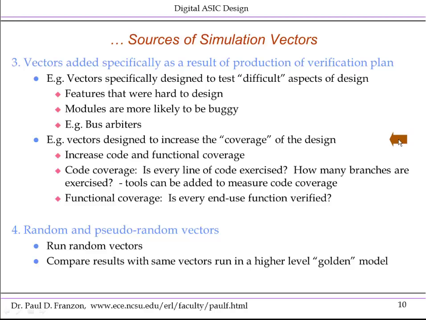I'll talk about this later, but during simulation-based verification, you can instrument your tools so as to measure things such as how many lines of code have been exercised, how many branches have been exercised, how many paths through your design have been exercised. And sometimes you actually write test fixtures specifically to test parts of the design that have yet to be exercised.